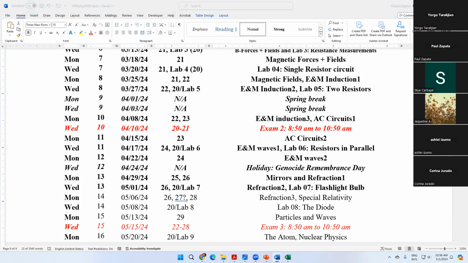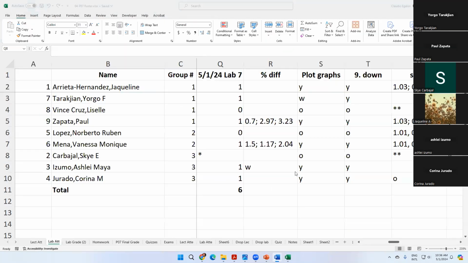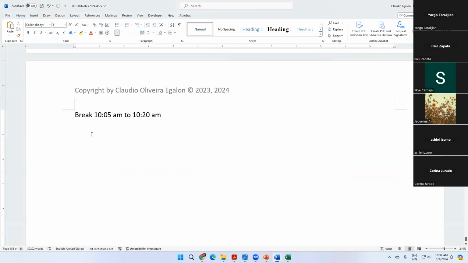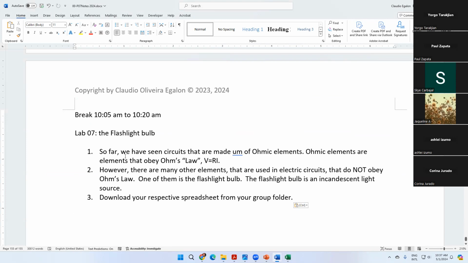Let me get my notes first. Flashlight bulb, lab number 7.